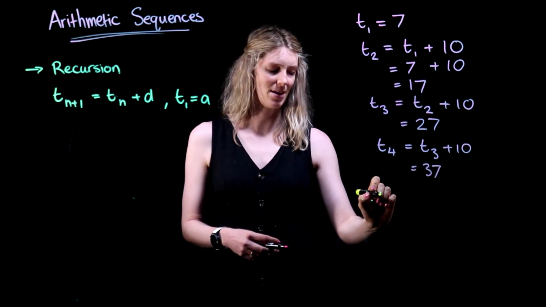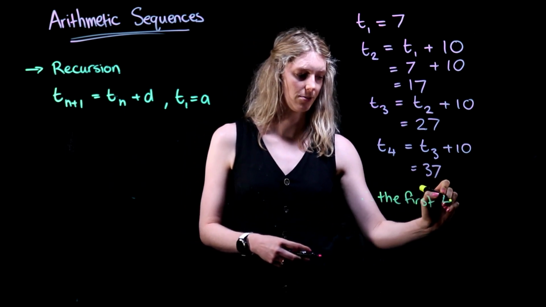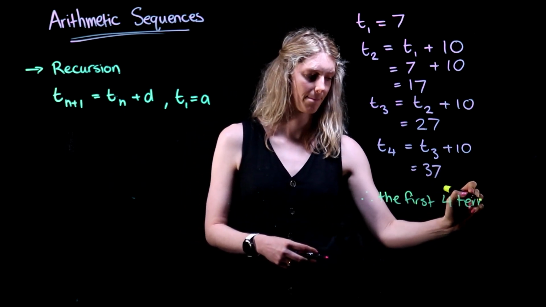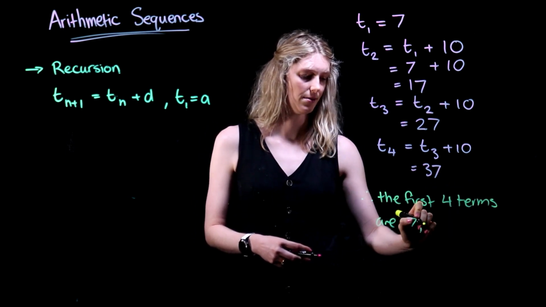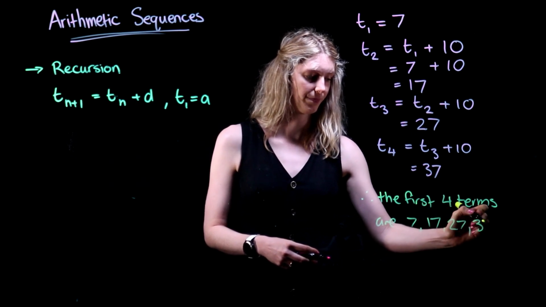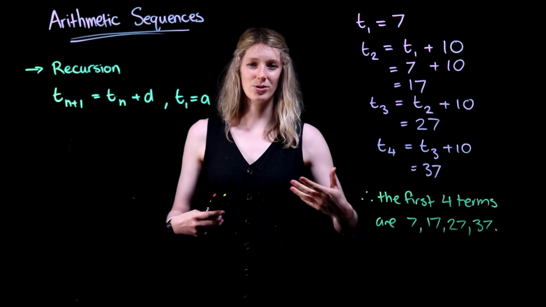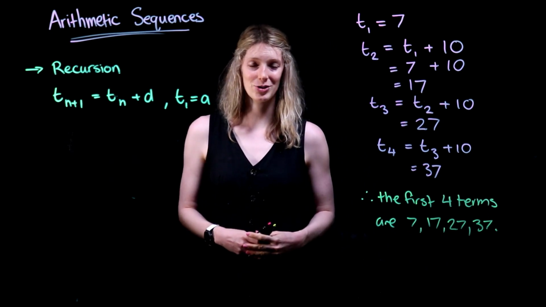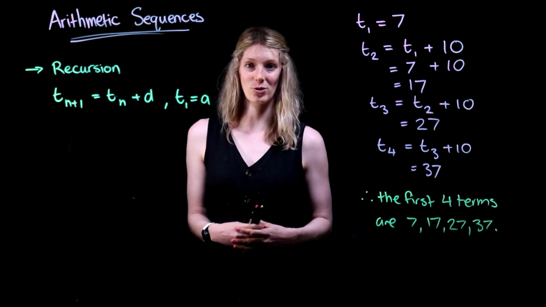So we can say, therefore, the first 4 terms are 7, 17, 27, and 37. And we could theoretically use that recurrence relation indefinitely to calculate as many terms as is required.